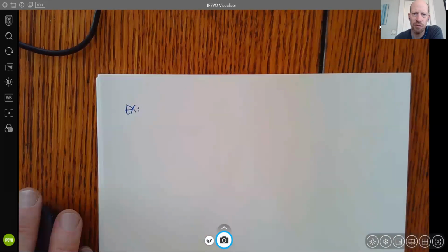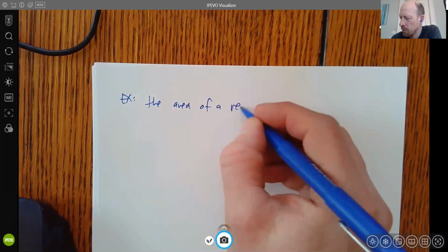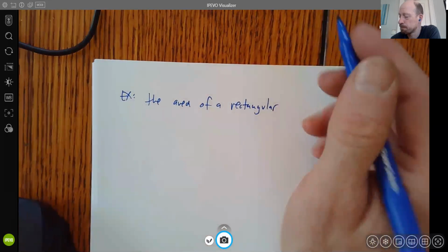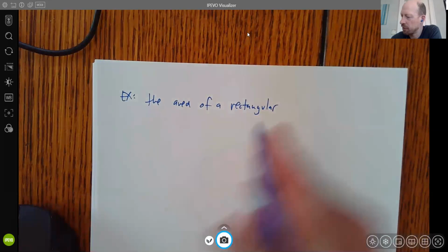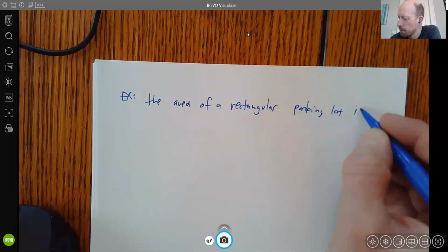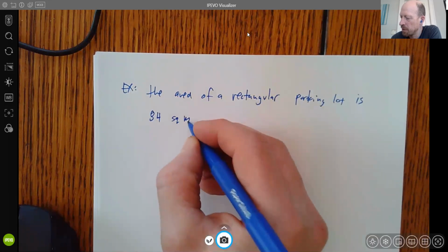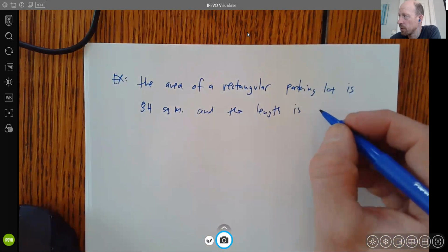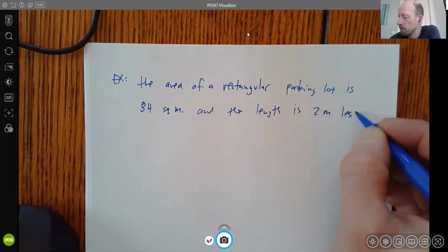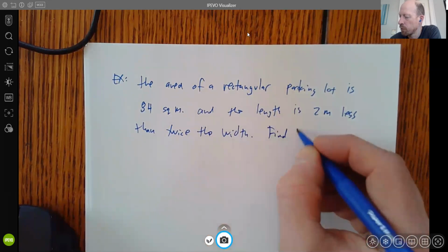There are a couple different varieties, but let's say the area of a rectangular, let's make that a rectangular parking lot, is 84 square meters, and the length is 2 meters less than twice the width. Find the dimensions.